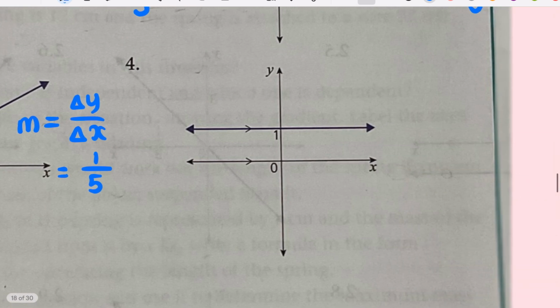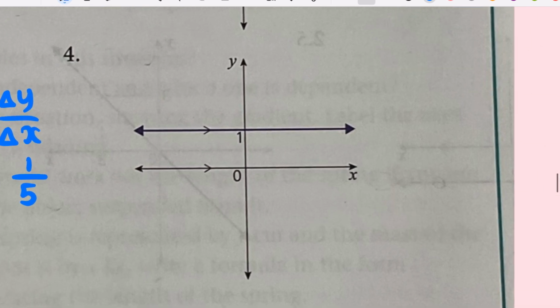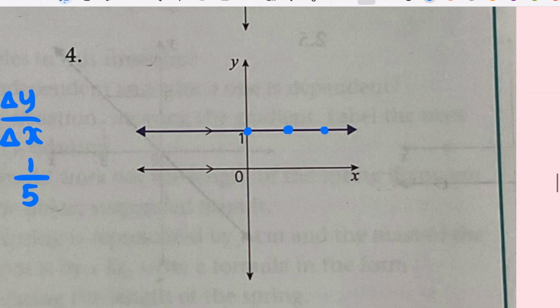So if we look at the next one, we've got this horizontal line, okay? So now what happens is this is where y is equal to 1. But at this point, y is also equal to 1. At this point, y is also equal to 1. Even at this point, y is also equal to 1.